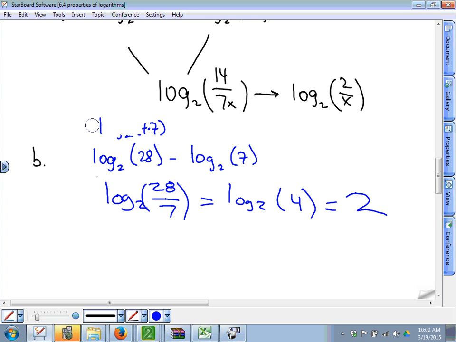So could I have expanded that into log base 2 of 4 plus log base 2 of 7? Yes. And then log base 2 of 7 minus log base 2 of 7. Those would have become 0, and you would have gotten the same answer there. Otherwise faster, but that could work. That's kind of cool.